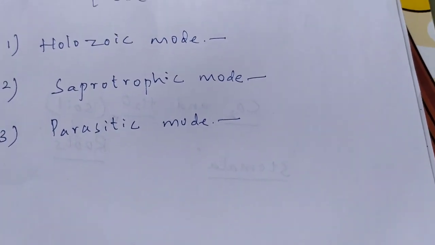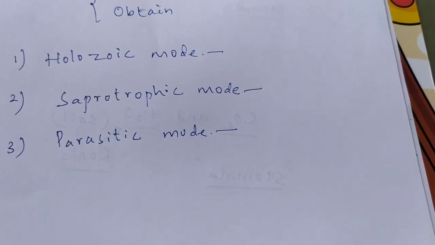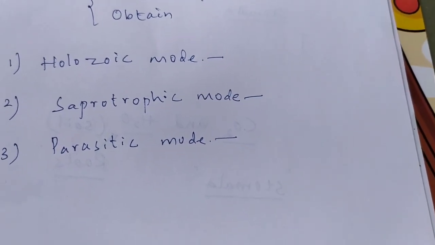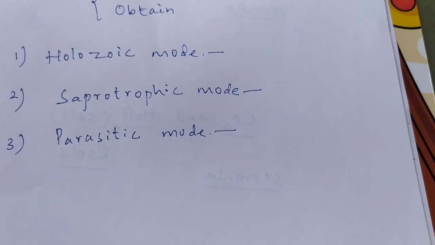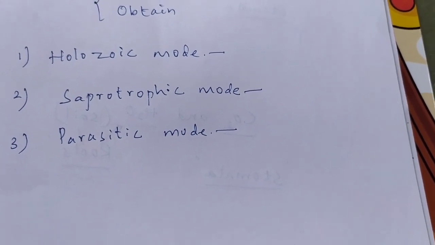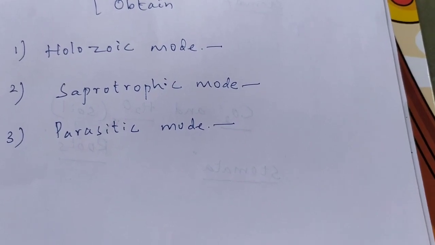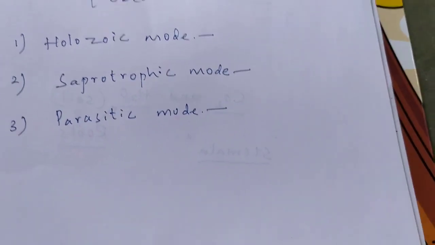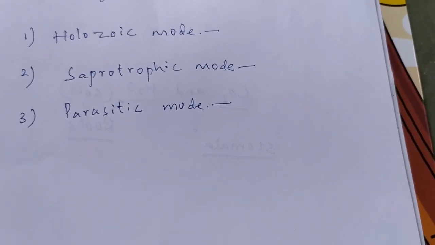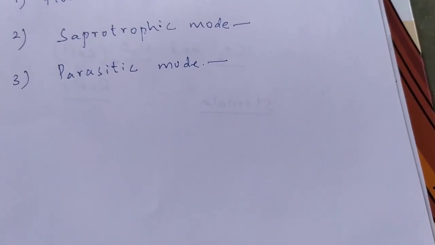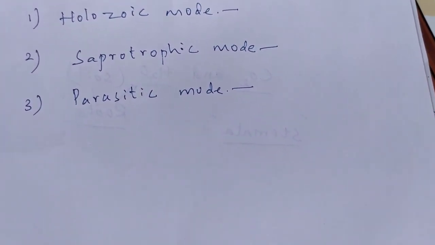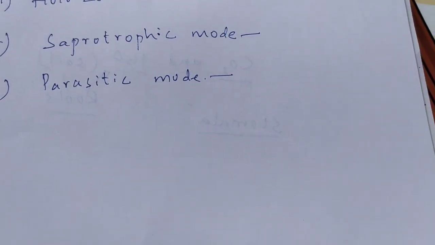So these are some of the modes of heterotrophic nutrition. For example, for the saprotrophic mode of nutrition, the example is fungi, and for the parasitic mode, for example, lice, Plasmodium, leech and tapeworm are some of the examples.